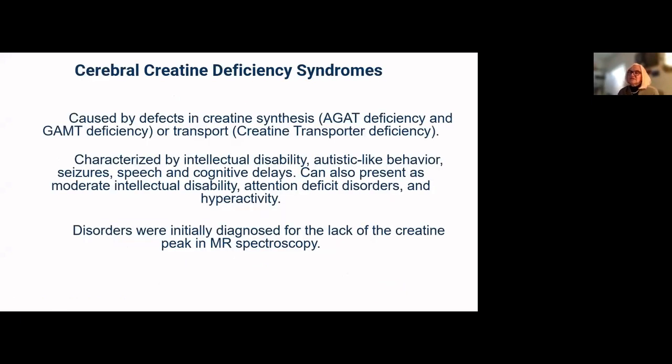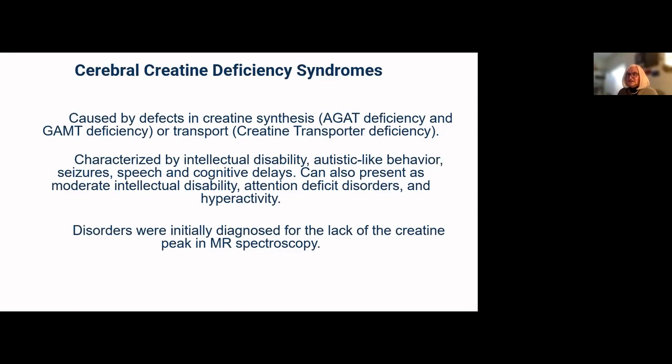What are cerebral creatine deficiency syndromes? These are conditions caused by defects either in creatine synthesis, therefore a defect in the enzyme AGAT or GAMT, or by deficiency in the transport of creatine, therefore creatine transporter deficiency. Their clinical features are mostly overlapping.